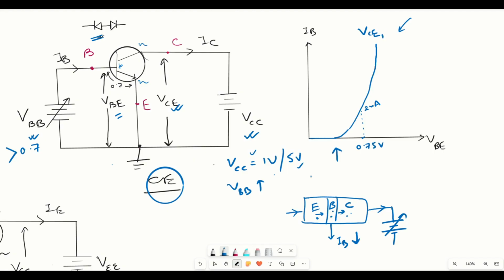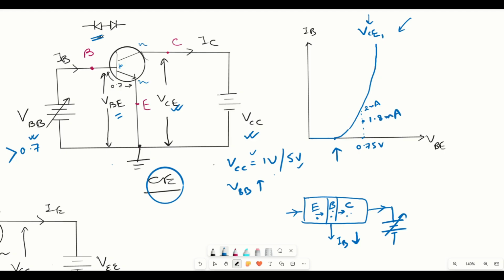Now in the second case, whenever we are increasing the value of VCE1, what will happen? It will attain a lower amount of current, because as the pull increases, IB decreases. So it will be somewhere around here, which will be, let us consider, 1.8 milliampere.